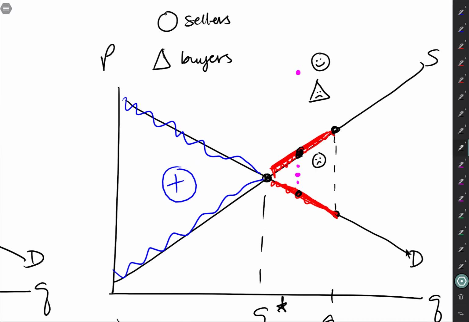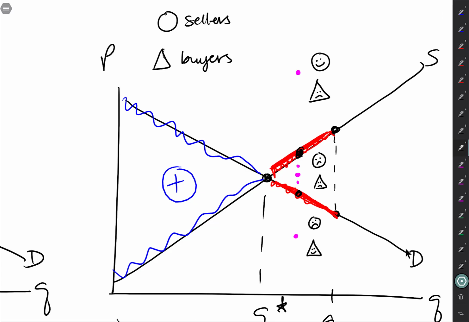But the price is also above what buyers value it at, so both buyers and sellers are not happy. And what if the price is below the demand curve down here? Well, now the seller is still unhappy, even worse off, right? And the buyers are happy because their price is below their willingness to pay. The buyers are happy, the sellers aren't.